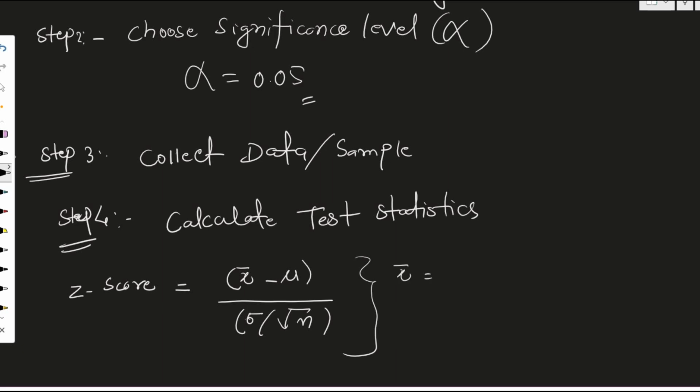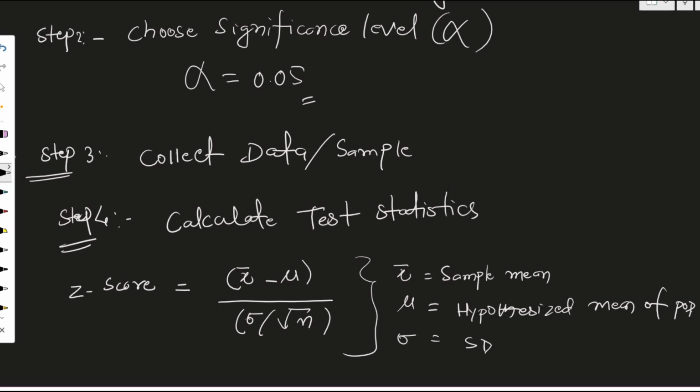In this case, this is our sample mean, and this mu is our hypothesized mean of the population. We can also call it the population mean, and sigma is nothing but the standard deviation of the population, and this is the sample size.